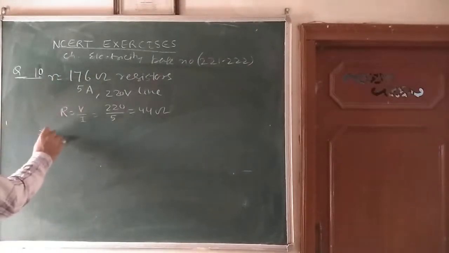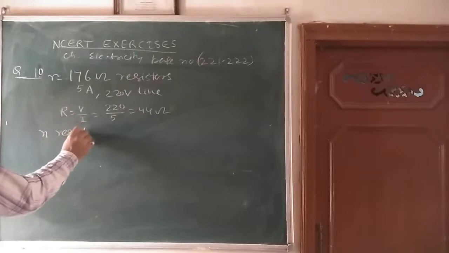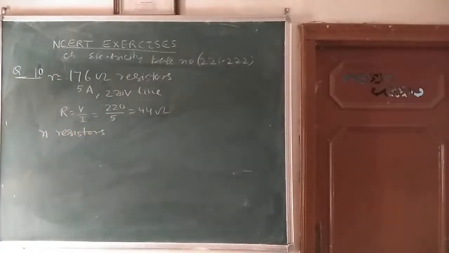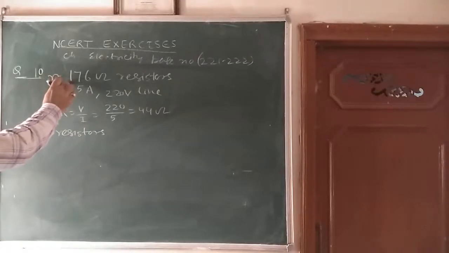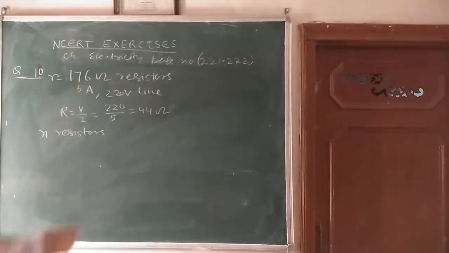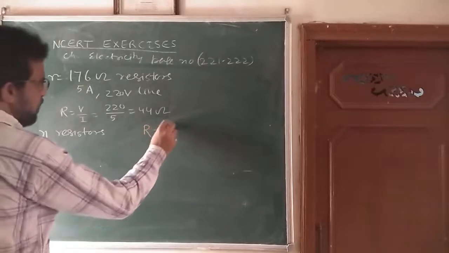So if n resistors, each of resistance small r, are connected in parallel to get the required resistance, that is R is equal to r by n.